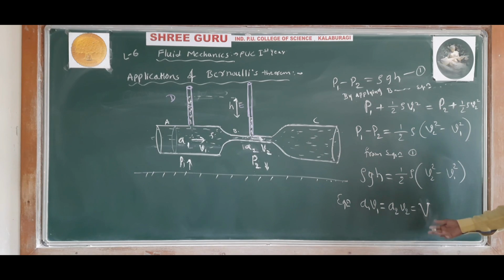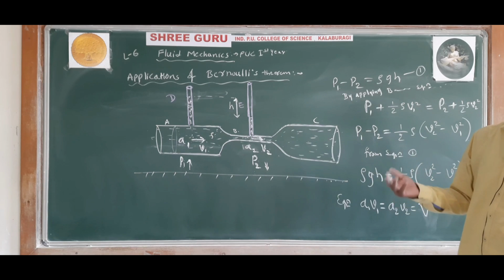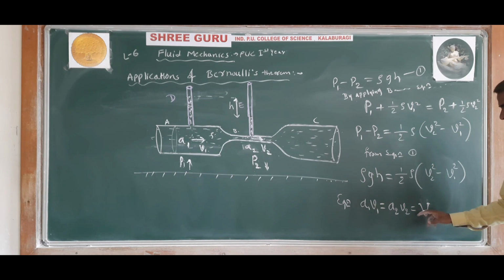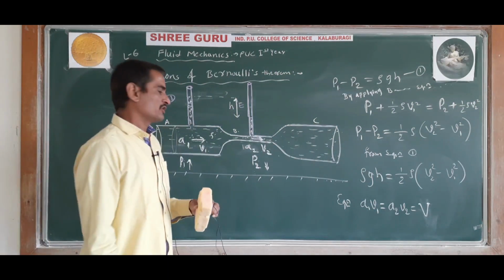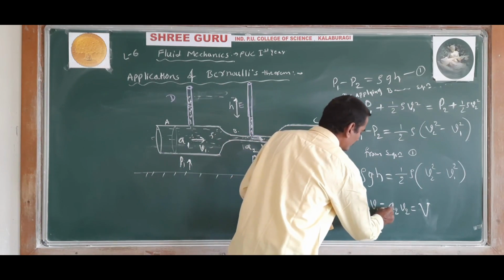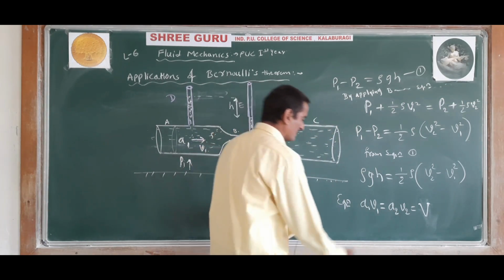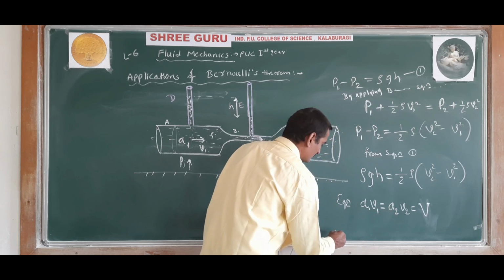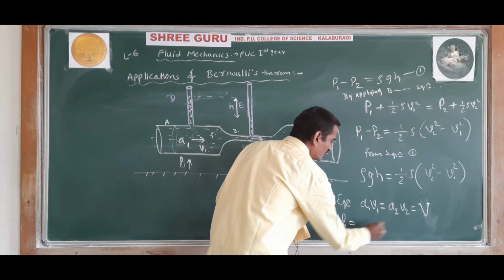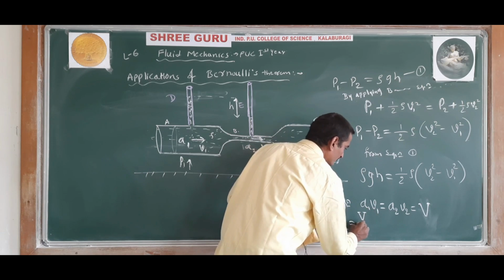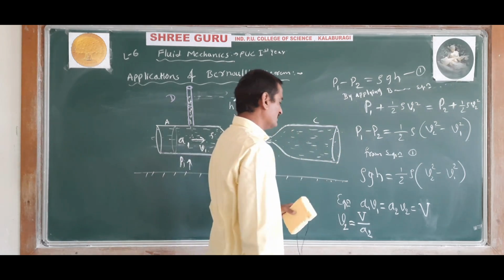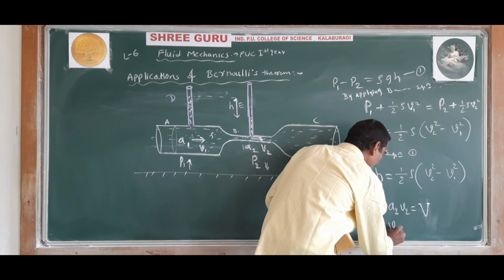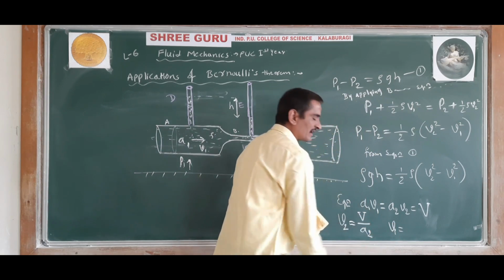Similarly, volume flux is the volume of the liquid flowing per unit time, that is capital V. So let capital V be the volume of the liquid flowing per unit time. That is, A1 V1 is equal to A2 V2 is equal to capital V. Then you can write separately V2 is equal to capital V divided by A2, and V1 is equal to capital V divided by A1.